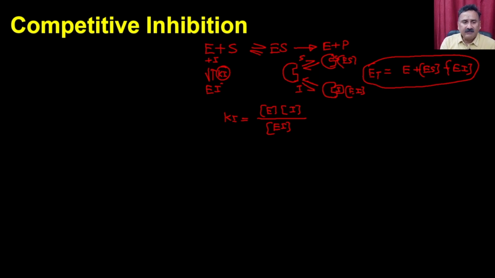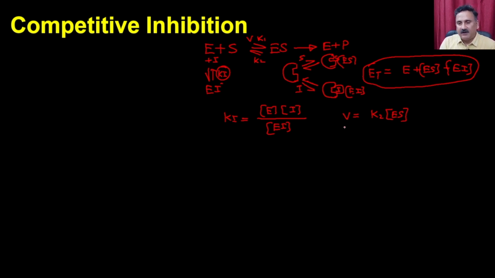Now, the velocity of the enzyme reaction is v, right? You remember that when we were discussing the Michaelis-Menten constant, this one is called k1 and this is called k2, right? So velocity is going to be k2 times the breakdown of ES, right? This is the direction.